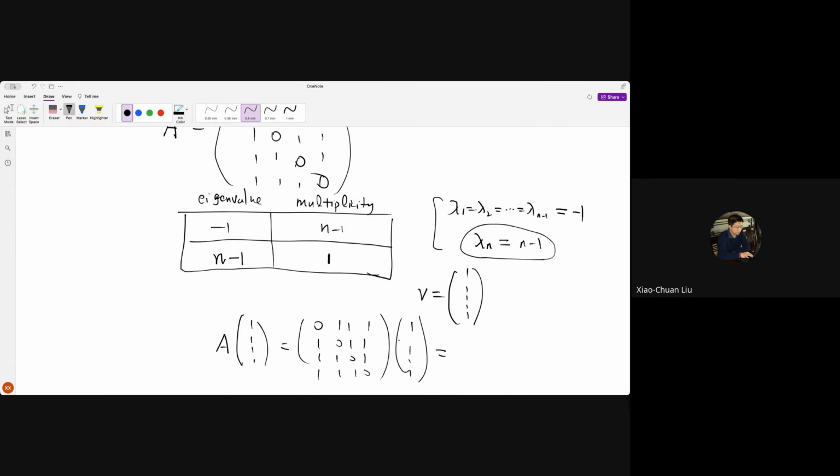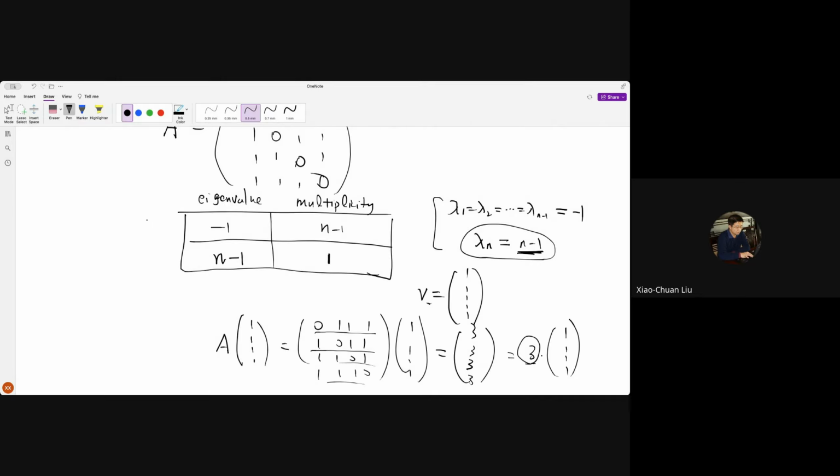It's very clear, it equals 3, 3, 3, 3, because you are summing every row to 3. So in particular it equals 3 times 1, 1, 1, 1. So this vector is an eigenvector and 3 is your eigenvalue. In the general case, the eigenvalue is n-1 and the eigenvector is the all 1 vector of length n.